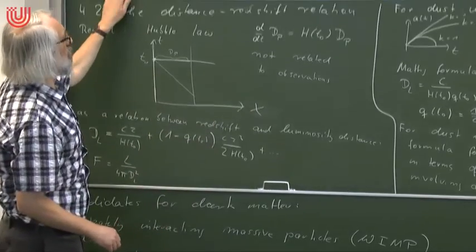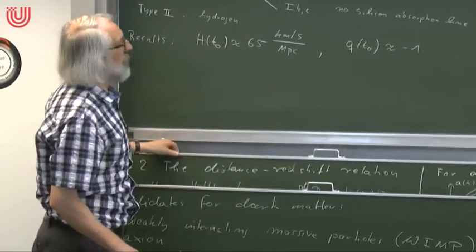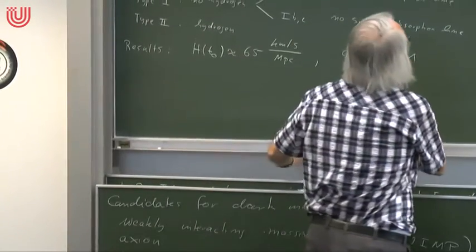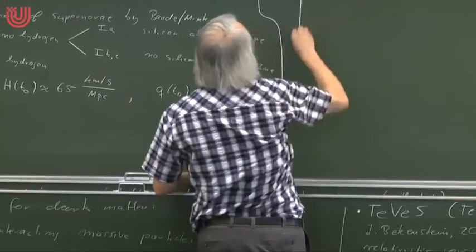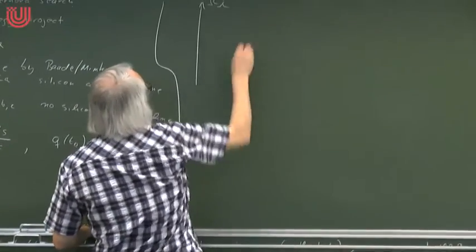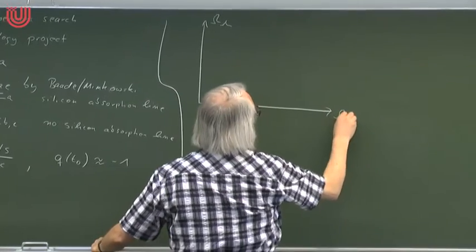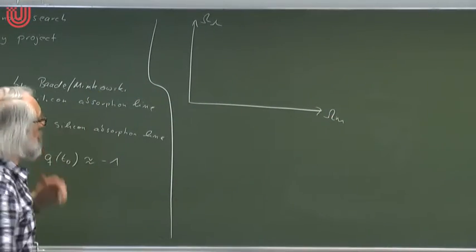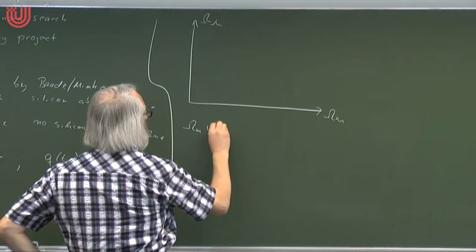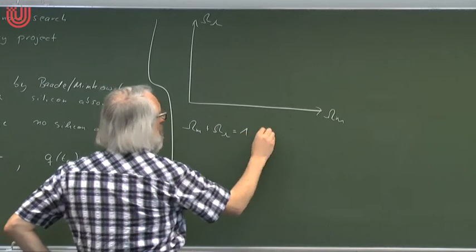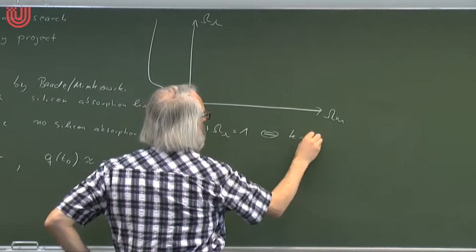And the way in which it is usually plotted, I think you have seen these plots before, is that you plot here the omega lambda, here the omega m. So you know that omega m plus omega lambda equal to 1 means that k is equal to 0.